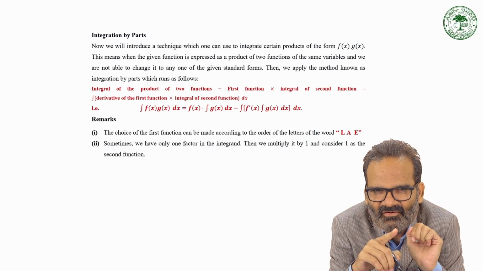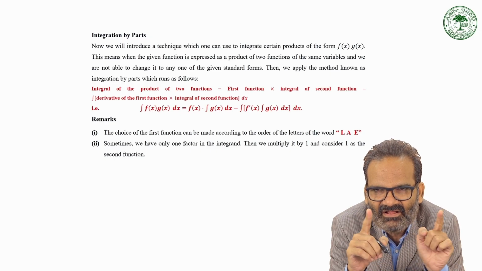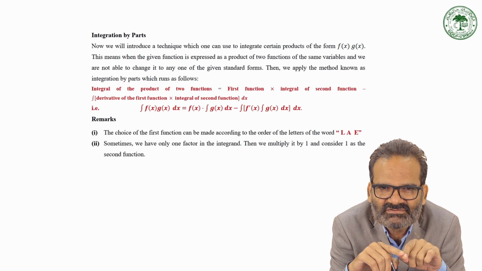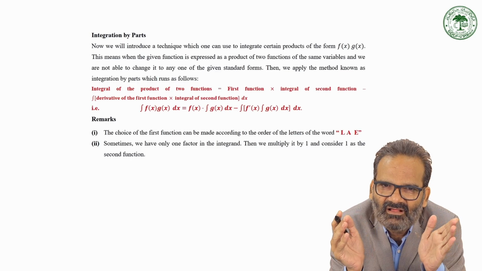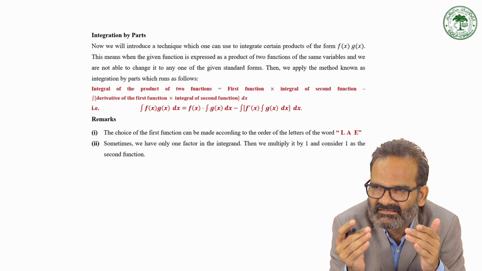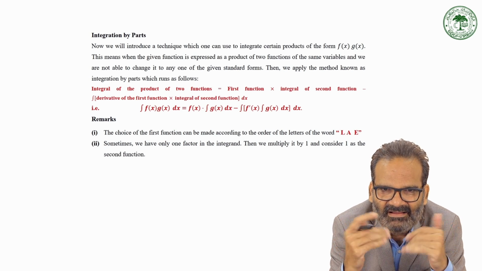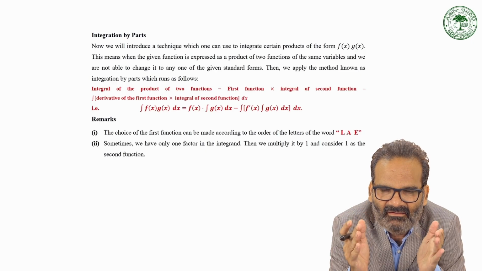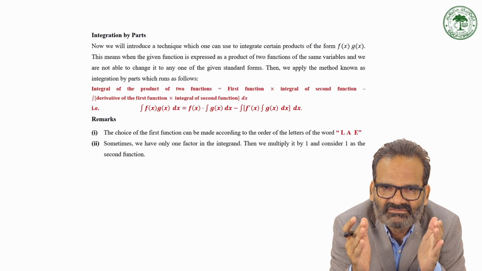In the next line, we have also mentioned the formula mathematically. Integral of f(x) into g(x), they are the two different functions being multiplied. Its integral is equal to, if you take f(x) as the first function and g(x) as the second function, write down the first function as it is, into the integral of the second function.